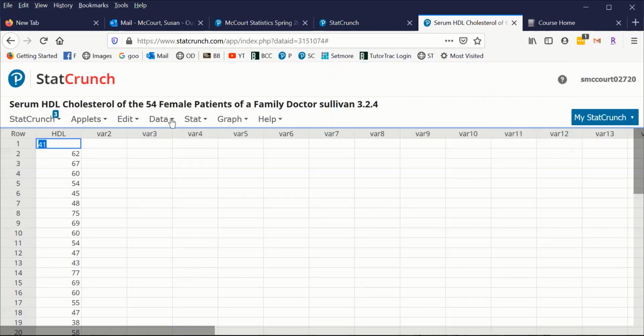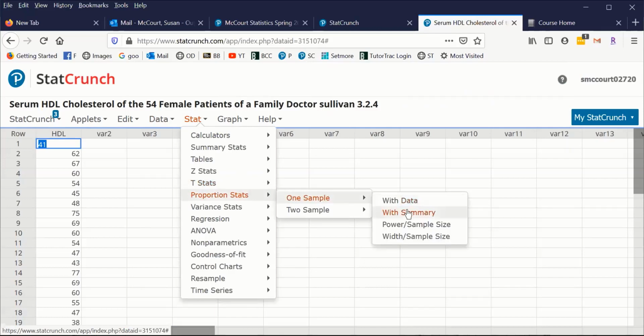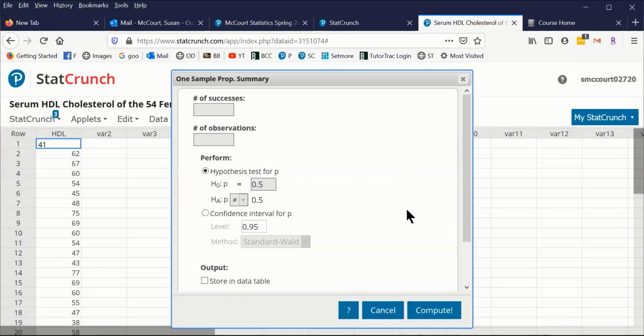Okay. So if you look at the formula sheet, if you want to do a confidence interval for the proportion, it's Stat, Proportion, Stats, One Sample with Summary in this case, because we don't have data. So our number of successes was 272, and our observations was 400.